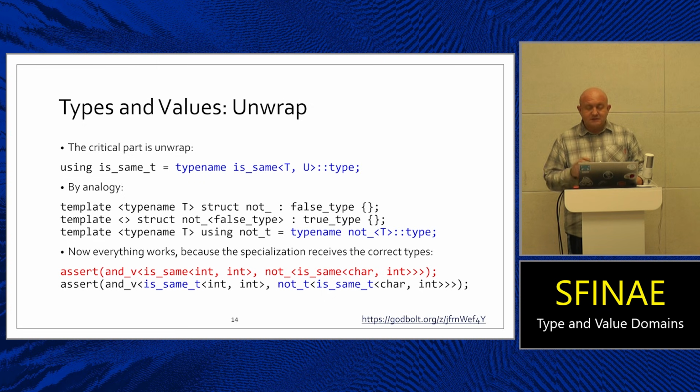This is a common trap when writing SFINAE code as well. People forget to unwrap, and the specialization silently stops matching. So always remember: define your primary template, write the specialization, and unwrap before you use it.